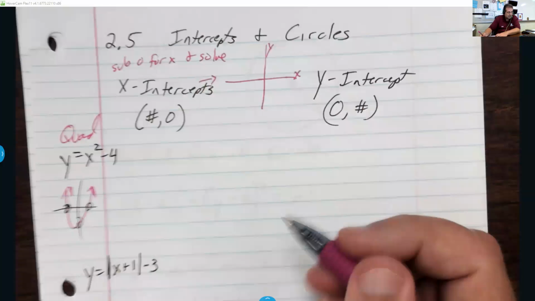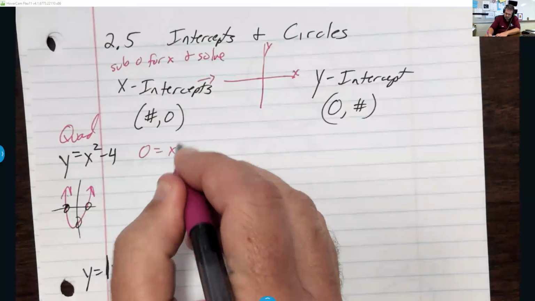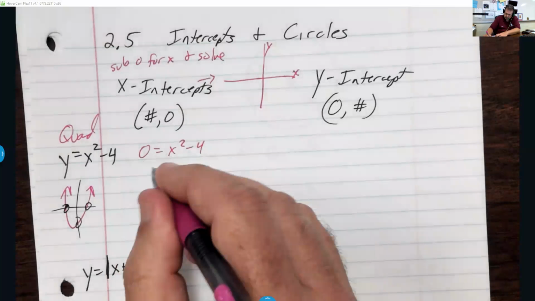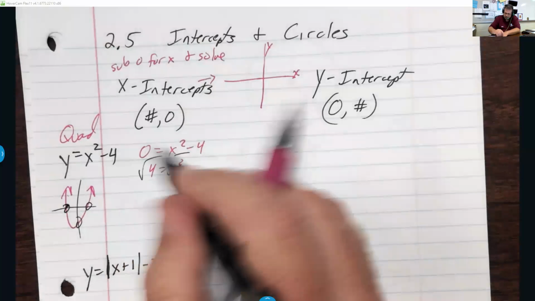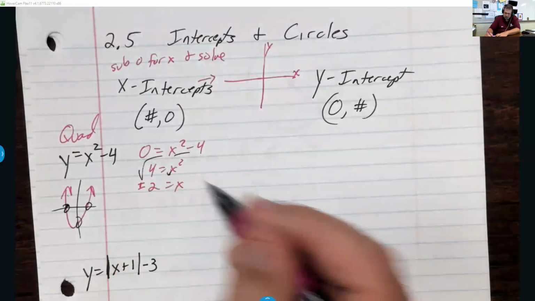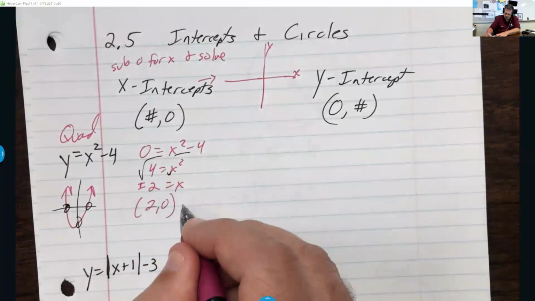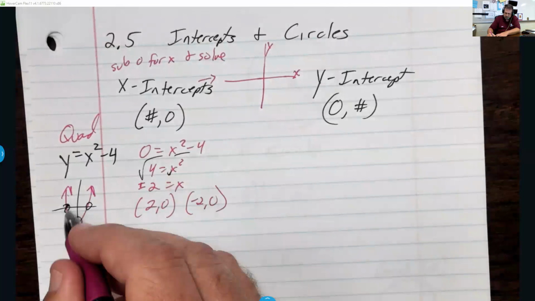So if I want to find the x-intercept, we're going to put 0 in for y is equal to x squared minus 4. Now I'm going to solve this. We're going to bring this over. We're going to take a square root on both sides, and what we have to remember is we're going to get plus or minus 2, which means we're going to get 2 x-intercepts. We're going to have (2, 0) and (negative 2, 0).